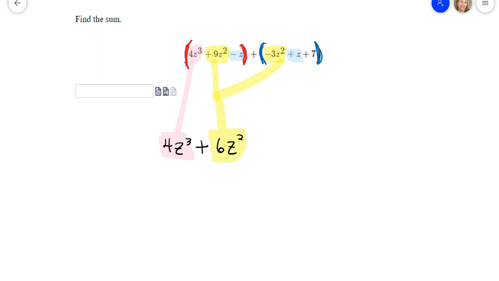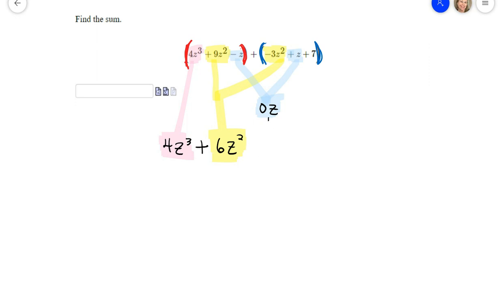Well, a negative 1 and a positive 1, if you combine those, that actually gives you 0 z's. But 0 times z is just 0. So it's really not there. 0 times anything is 0. So it's really gone. I don't need this at all.